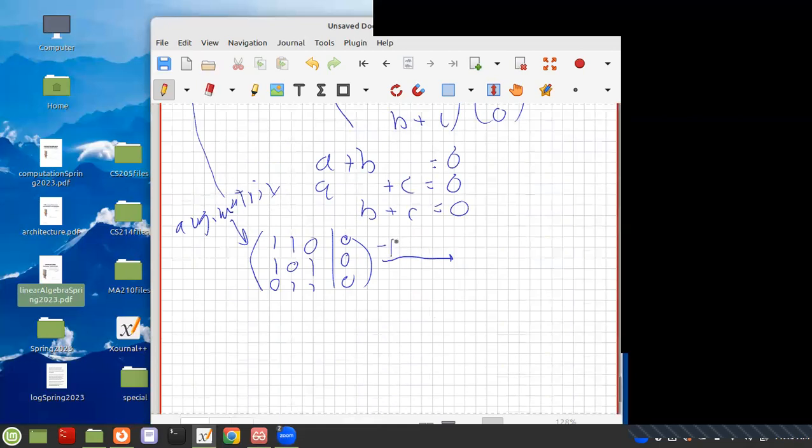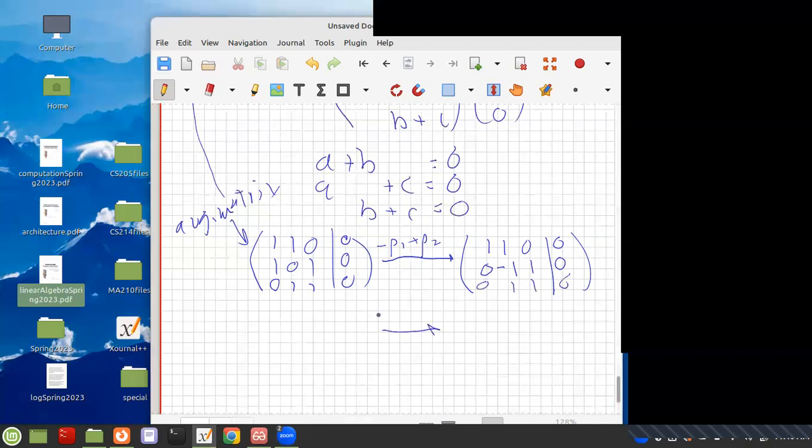We can do minus row 1 plus row 2. And we'll have 1, 1, 0, 0. And we'll have 1 minus 1 is 0, and minus 1 and 1 and 0. And then we'll repeat 0, 1, 1, 0.